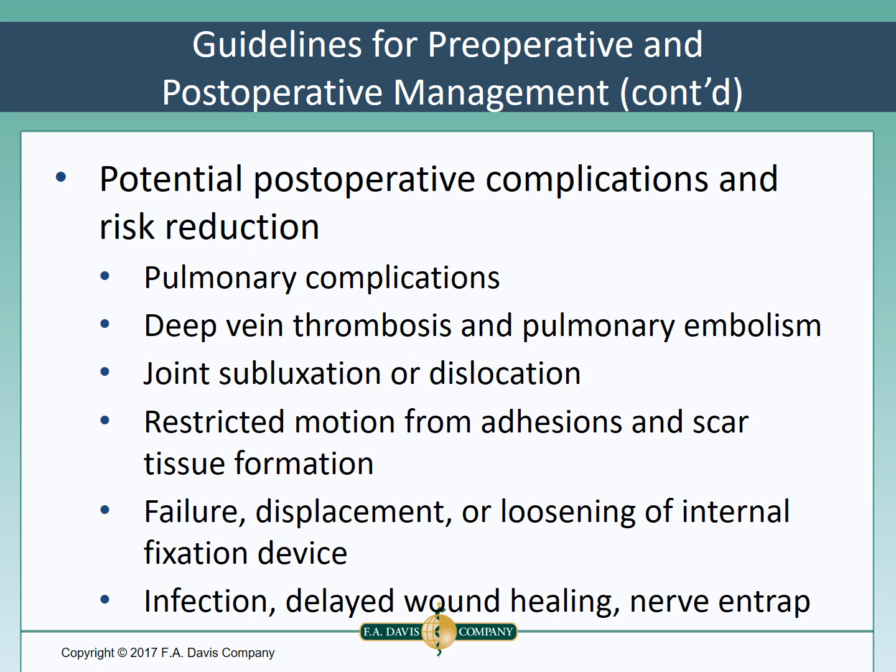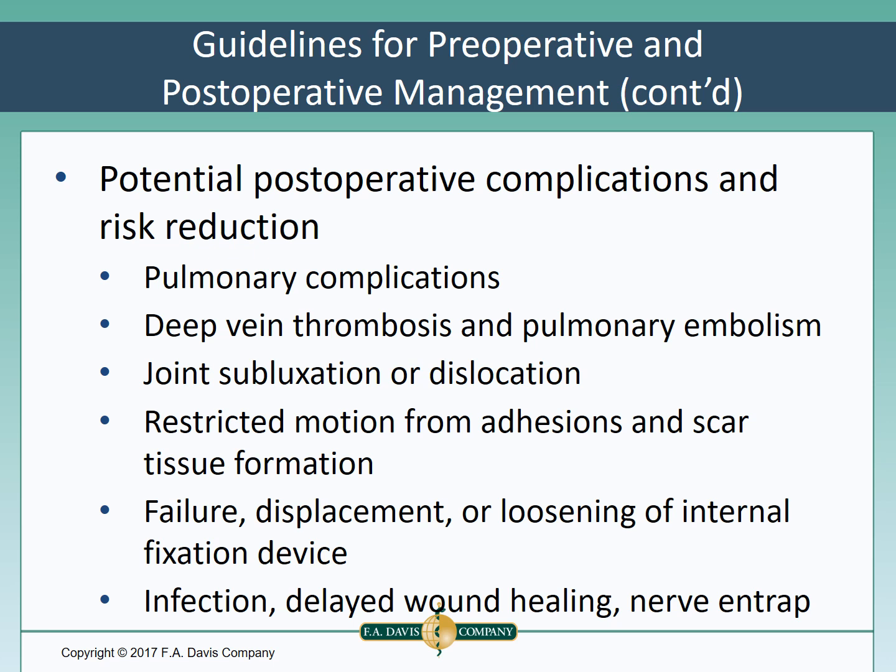We know that going under anesthesia can lead to pulmonary complications. Other things that can lead to pulmonary complications are people after post-op just don't move, so you get a lot of post-op pneumonia. You can get DVTs, you can get pulmonary embolisms for not moving. You may get joint subluxations or dislocations because they had something that was supposed to be tightening down and they overdid it, and they are unable to maintain that surgical repair.